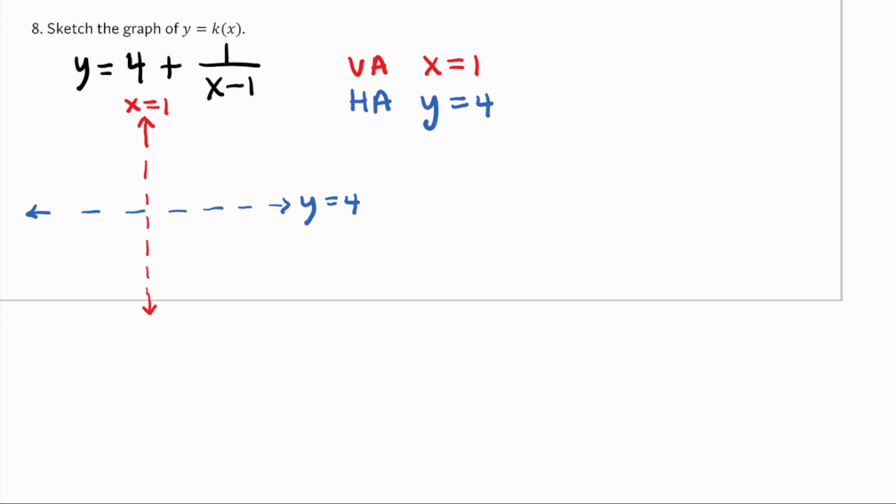And otherwise it's a positive 1 over x graph, so I'm just going to live with it, be happy. Could be a lot worse. Yeah, that would end up being good. Okay, so x equals 1, that's just barely to the right of the y-axis. And y equals 4, that's a little bit more above the x-axis.